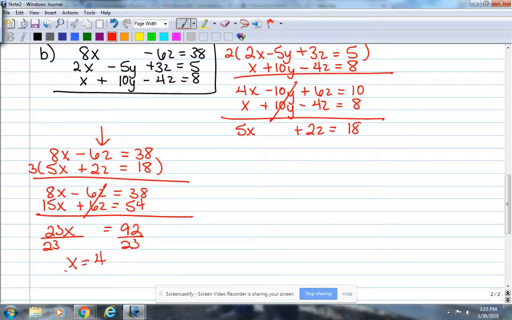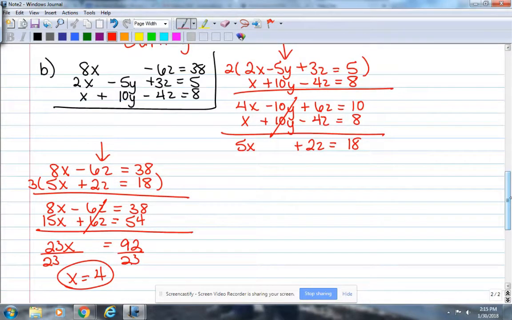I have x. Now, that top equation has a z in it and no y, right? So I can use that to get my z. So I'm going to use the top original equation that doesn't have a y. So 8 times 4, because 4 equals x now, minus 6z equals 38.